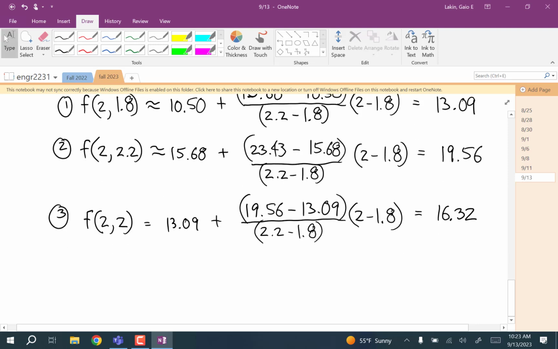Okay. So this is our final approximation of this function. And the true value, the real value, is 16. So you see how that sort of works.